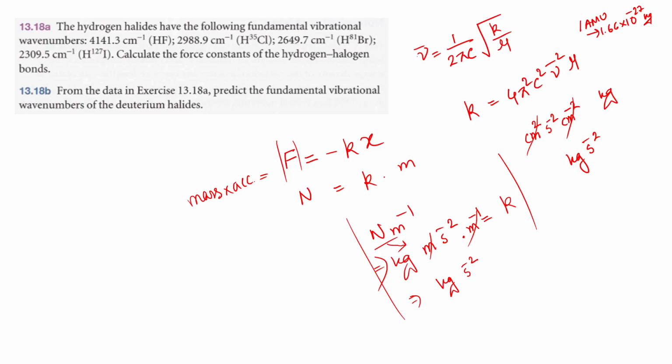In this kind of isotopic problem, we assume the force constant is not going to change. If it remains constant, the frequency will decrease because mu is going to increase, since deuterium is heavier compared to hydrogen. Absolutely correct. So that's how you do the isotopic problem we faced earlier.